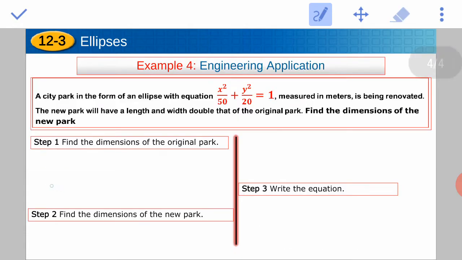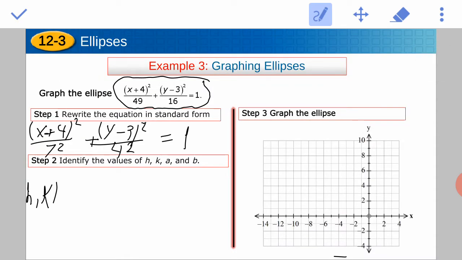Now the main characteristics of this ellipse are the center (h, k). It's very easy to identify the coordinates of the center. The center is (-4, 3), yes, it is not 4. Remember the formula is x minus h. Since this number is positive 4, you can rewrite positive 4 as negative 4.